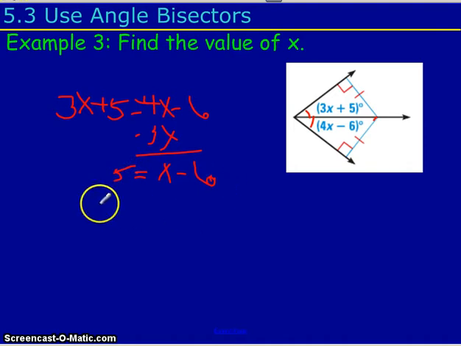And then add my 6. And x would have to equal 11. So I've got to take that and plug it back in for my x to find what each angle was. I guess I don't have to because I'm supposed to just find x. But each angle looks to be 33 plus 5 would be 38. Top one's that, the bottom one has to be that.